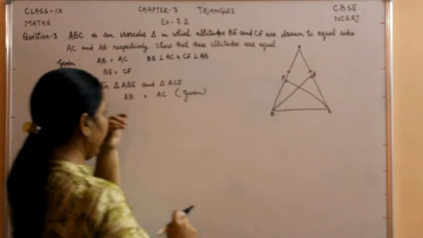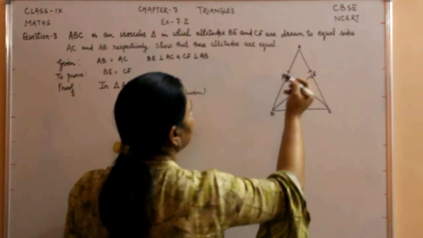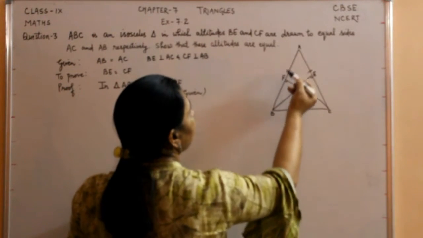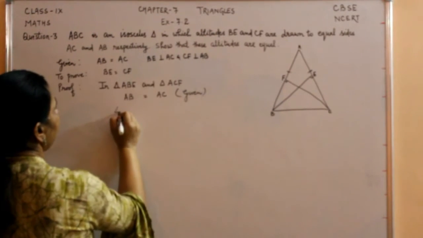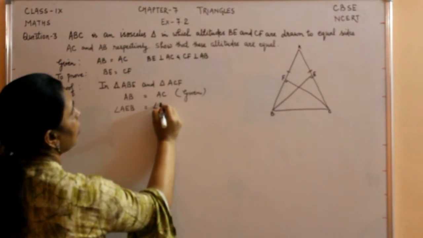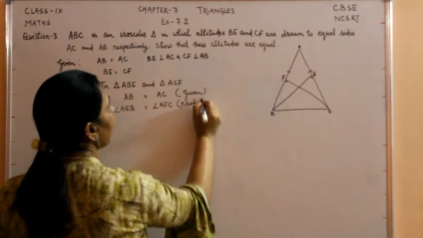Then angle AEB is equal to angle AFC, each 90 degrees because they are perpendiculars drawn.